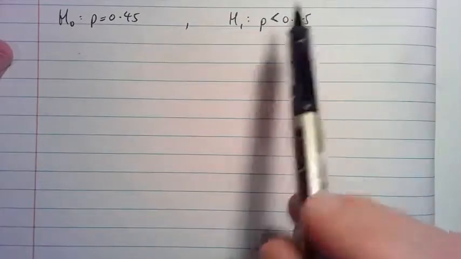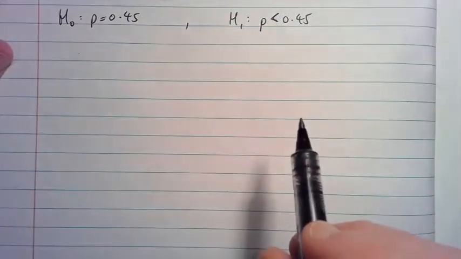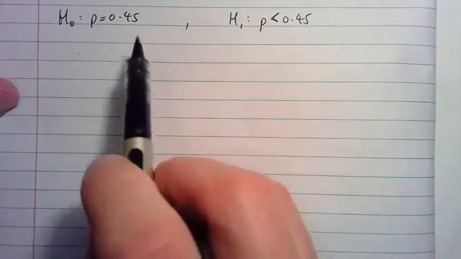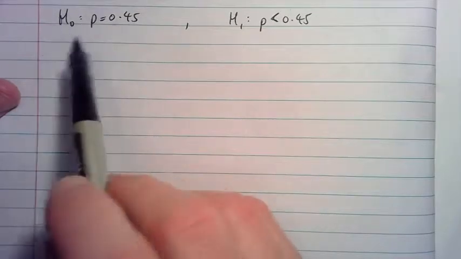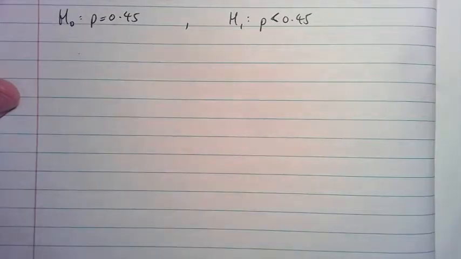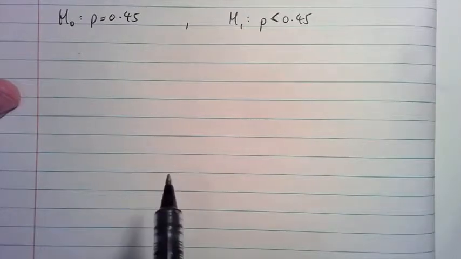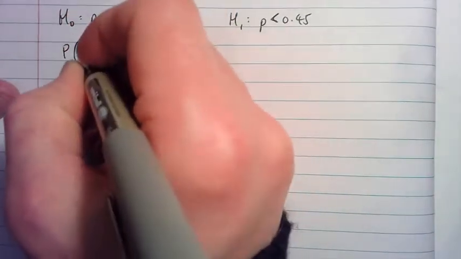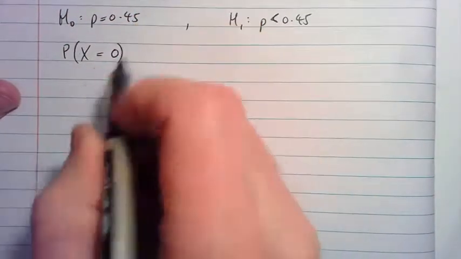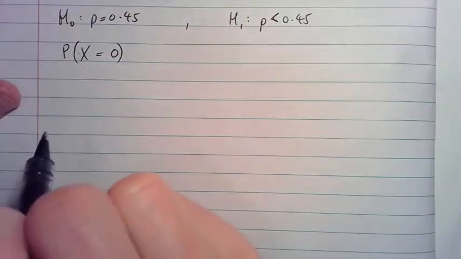Okay, it's a 1% significance level, and we've got to try and find the smallest value of n for which the null hypothesis would be rejected. But what we are told is that no one would vote for her out of this sample of n people. So if no one was vote for her, that's no successes, so probability that x equals 0 is what we're interested in.